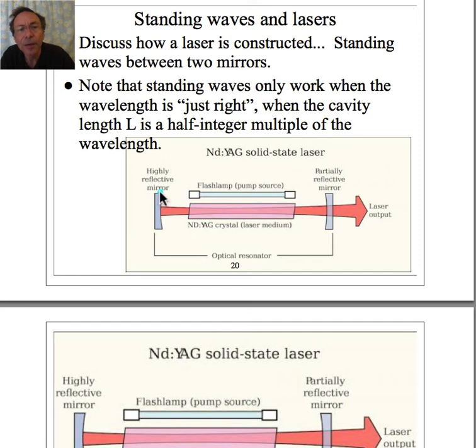You've got the waves that are trapped between these two mirrors. And the light waves bounce back and forth, just like I was showing you with the waves bouncing back and forth on the spring in the simulation. And they do the same process.